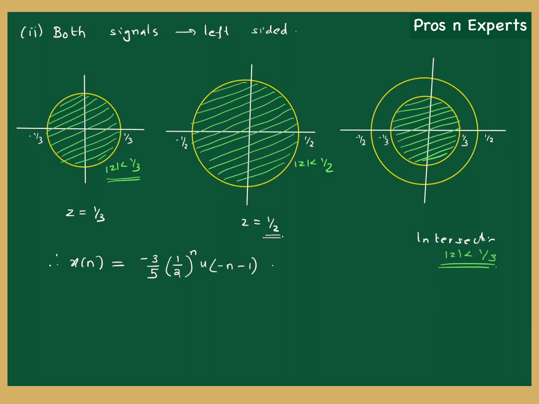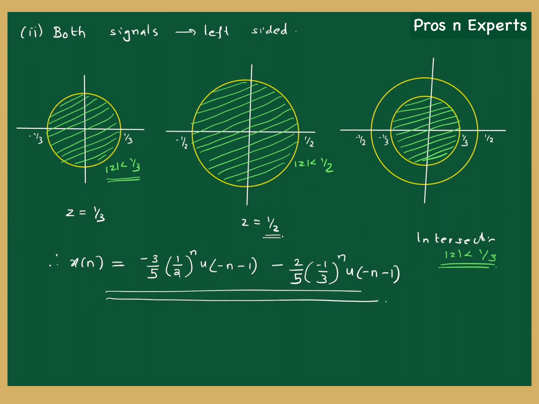Plus the next signal is minus 2 by 5 into minus 1 by 3 raised to n. There is no change for minus 1 by 3 raised to n, but u of n changes to u of minus n minus 1. So this is the inverse transform when both signals corresponding to both poles are left-sided. So this is the second answer.